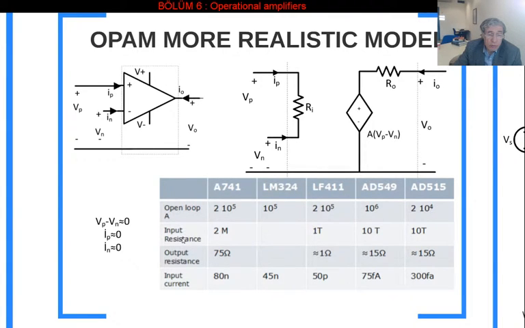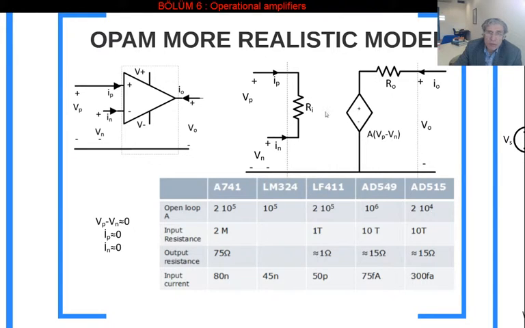Here the input resistance is 2 mega ohm, a big resistor value. If you look at this one, it is 1 tera ohm: 10 to the power 9 is giga, 10 to the power 12 is tera. So it's a very high value.